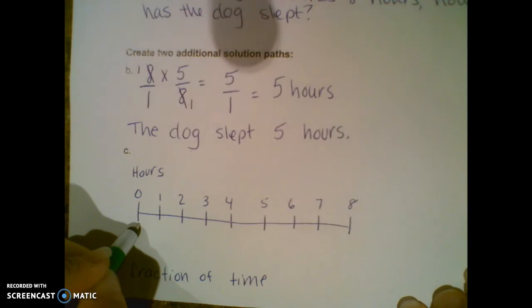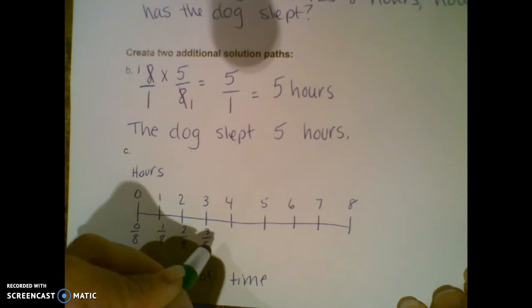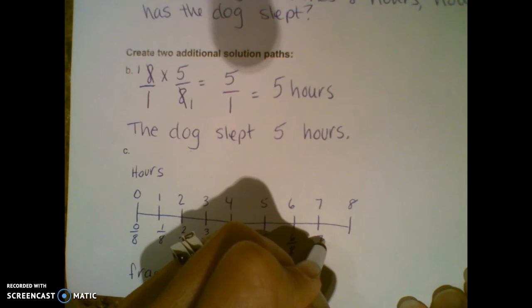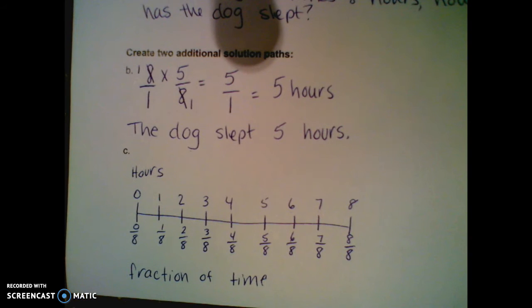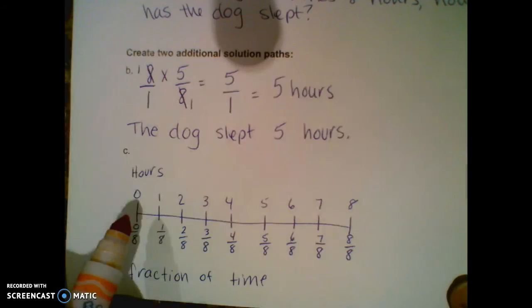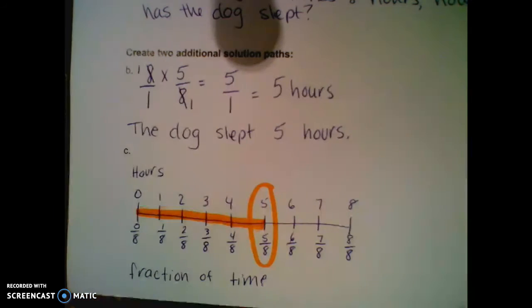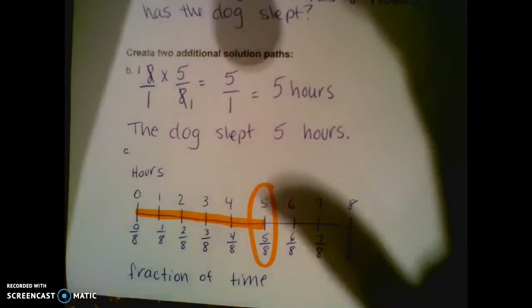And then this would be 0/8, 1/8, 2/8, 3/8, 4/8, 5/8, 6/8, 7/8, and then 8/8, which is the full time. I know that the dog slept 5 of those 8s, so I can shade in, and I see that 5/8 is the same as 5 hours. And so once again, the dog slept 5 hours. You only need to write the solution as a sentence once. You don't need to rewrite it 2 times, because you should get the same answer using multiple representations.